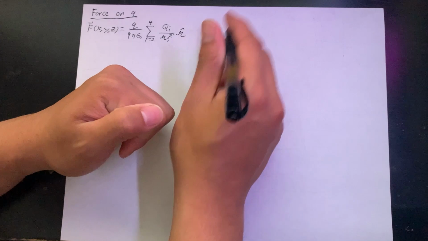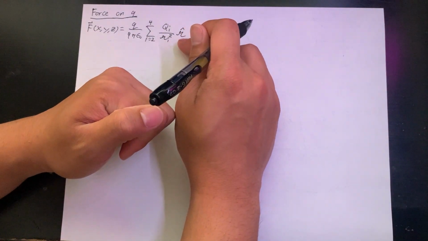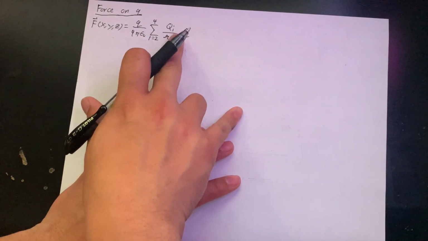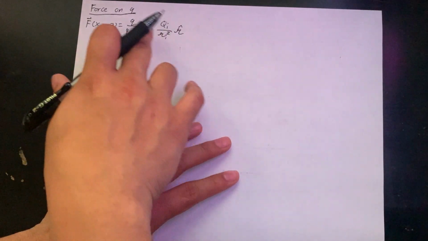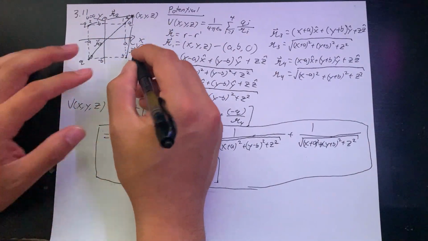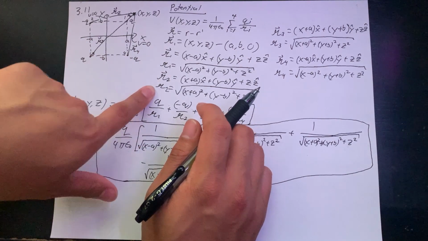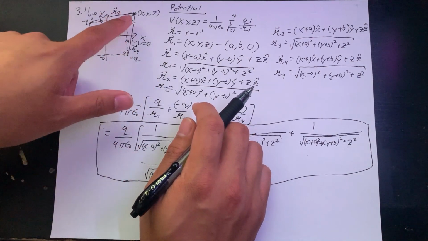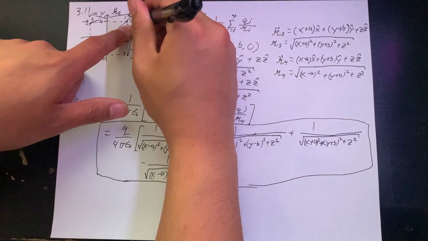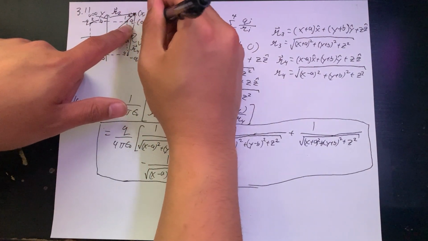Okay, and then for our separation vectors, instead of writing whole new ones to find the separation between our point charge here and here, I'm going to be reusing these, but evaluating them at where our point charge is here, which is A, B, 0.